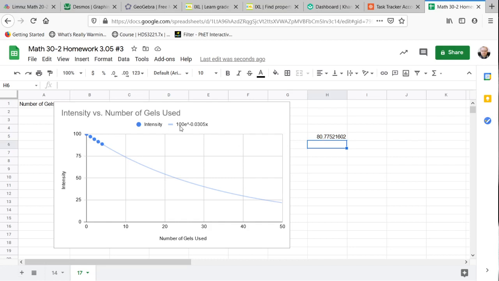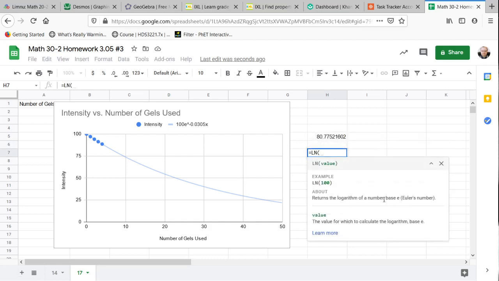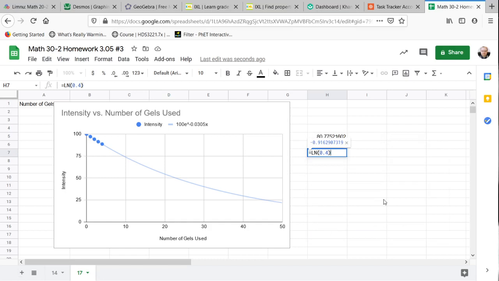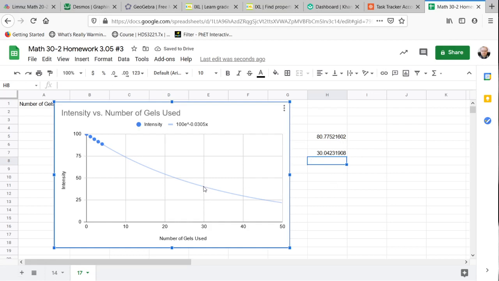If we want 40%, then we can do it algebraically, and the natural log of 0.40 divided by negative 0.0305 gives us about 30. So it's about the 30 gel mark where we hit our 40% intensity.